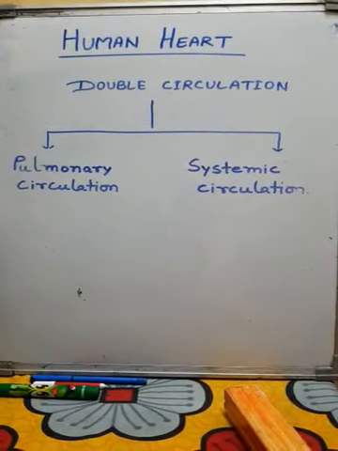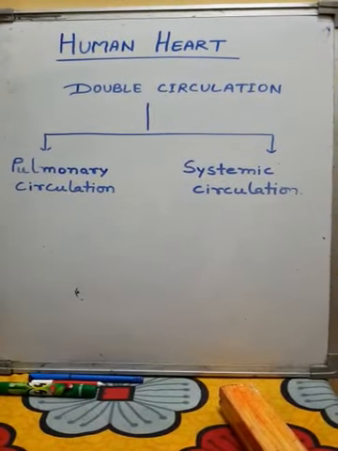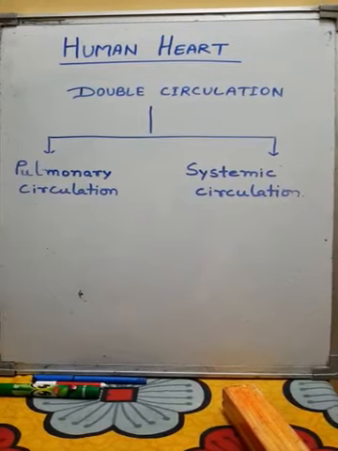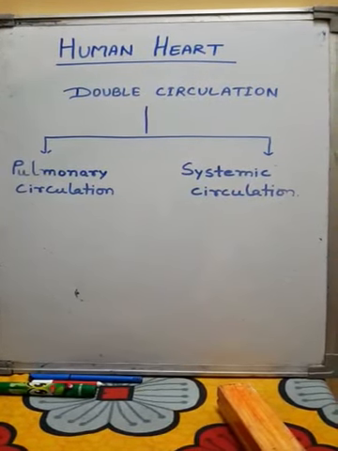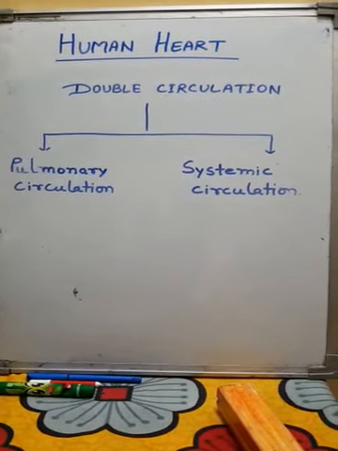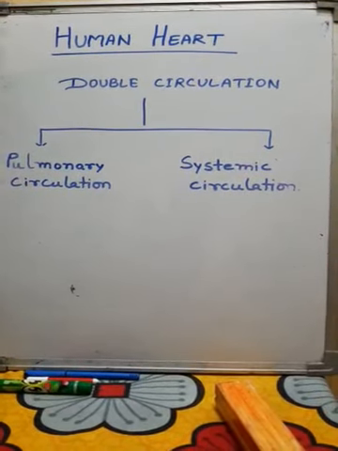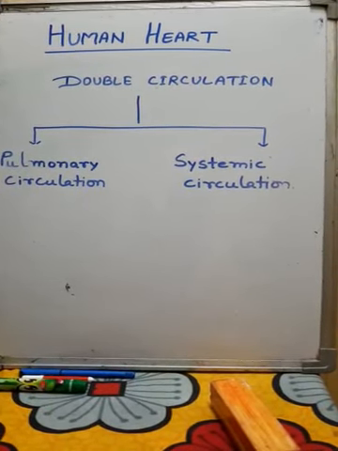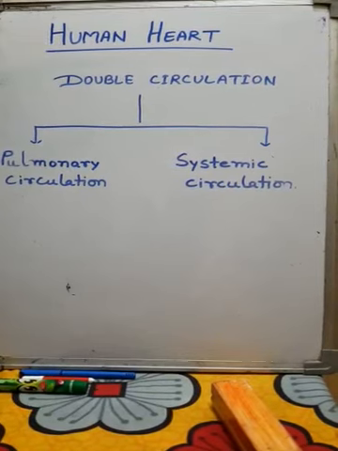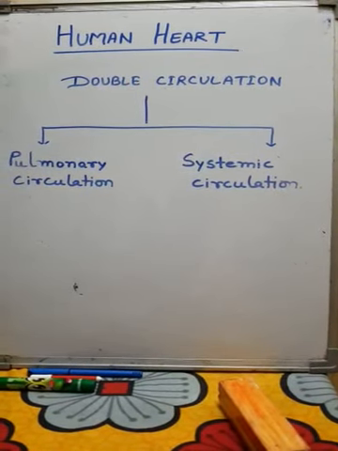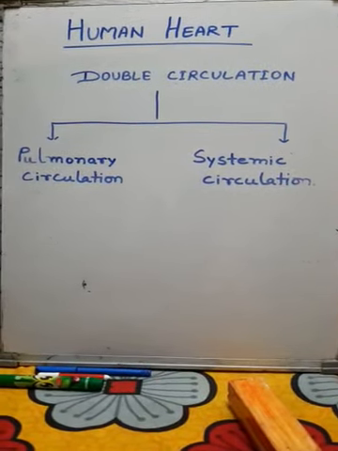Pulmonary circulation is the movement of blood from heart to lungs and back. From the heart, blood goes to the lungs and from there it comes back. This part of complete circulation is regarded as pulmonary circulation.